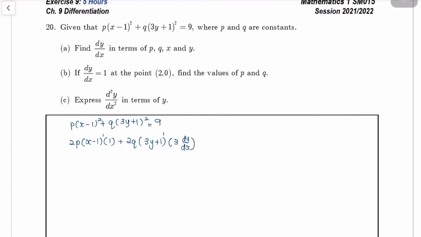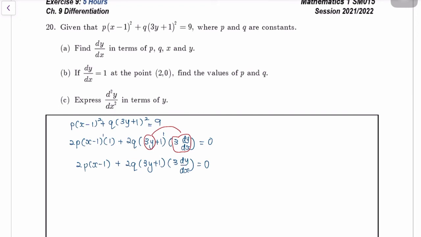Because we differentiate 3y, we get dy over dx, this one. Okay, then differentiate 9 will get 0. So, dekat sini tak ada benda-benda dah. Just rearrange sahaja so that we get dy over dx as subject. Then, 2q(3y plus 1), 3 dy over dx. Okay, ni saja salin balik lah. Okay, equals to 0. So, mana boleh expand tu kita expand.